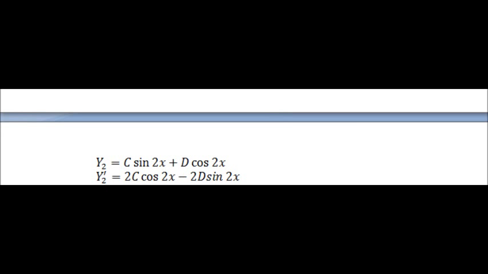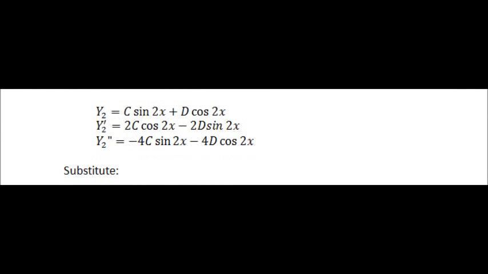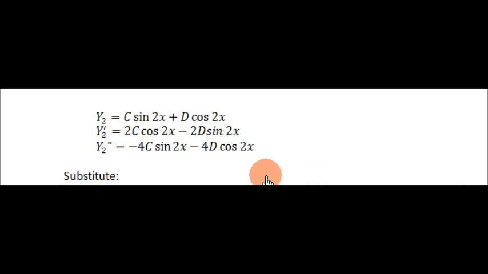Now let us solve for y2. I'll let y2 be equal to c sine 2x plus d cosine 2x. So we need to find the values of c and d. So differentiate, y2 prime equals 2c cosine 2x minus 2d sine 2x.